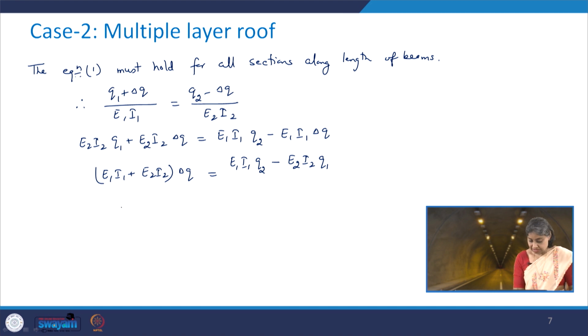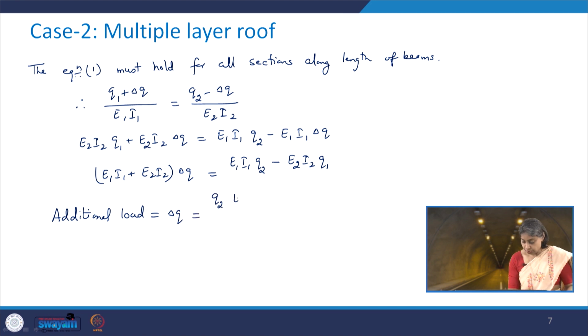So this additional load, which is equal to delta Q, can be written as Q2 E1 I1 minus Q1 E2 I2, divided by E1 I1 plus E2 I2.